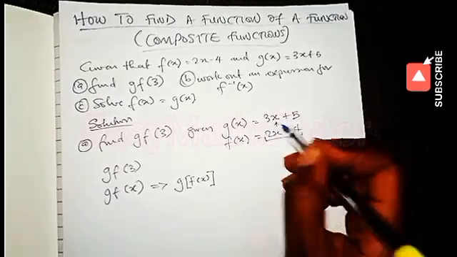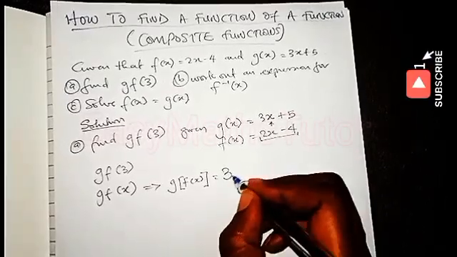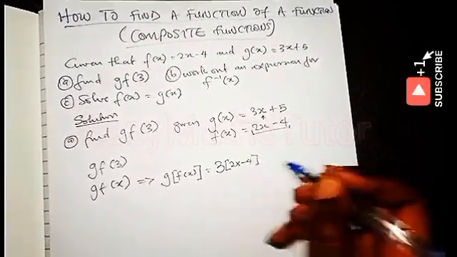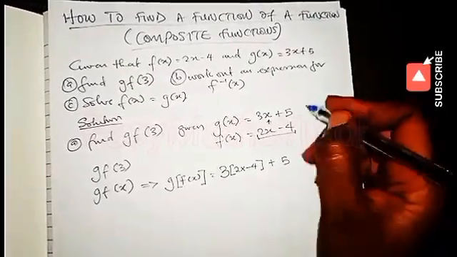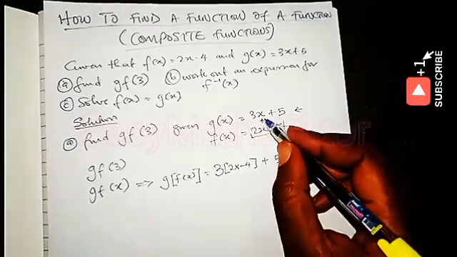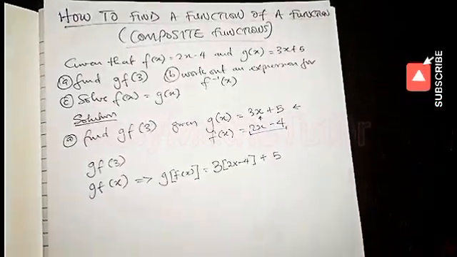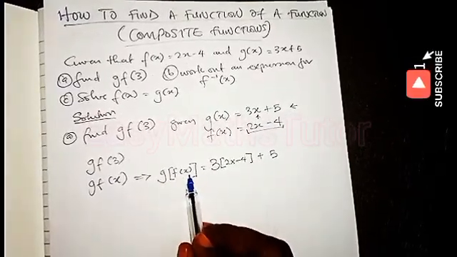We'll substitute it as x. So we'll have 2x minus 4 plus 5. It's the same equation here, but we substituted x as 2x minus 4. So this is what we understand by g f of x.